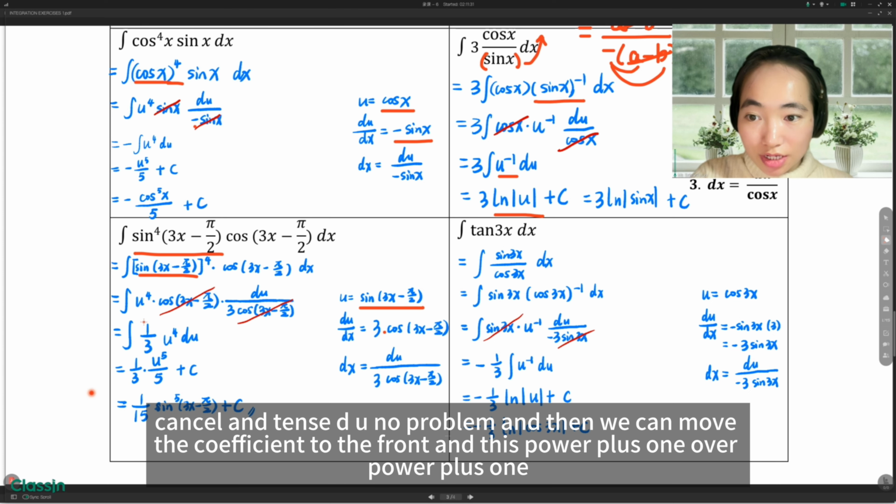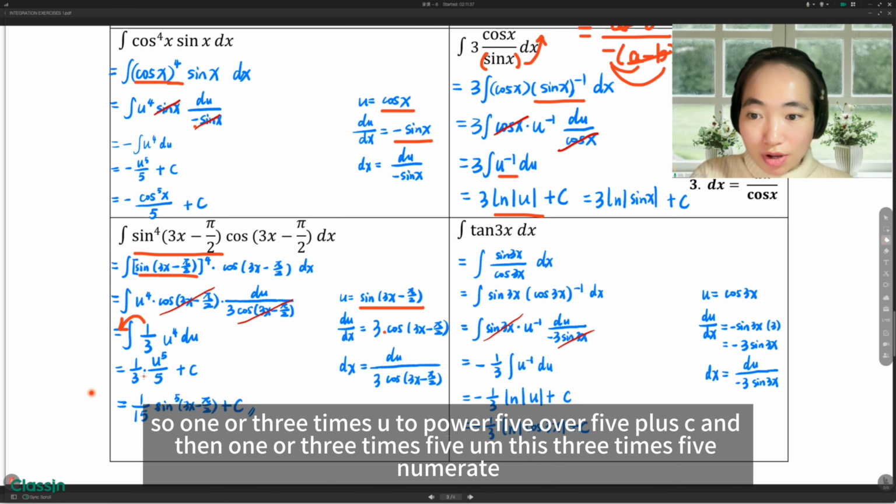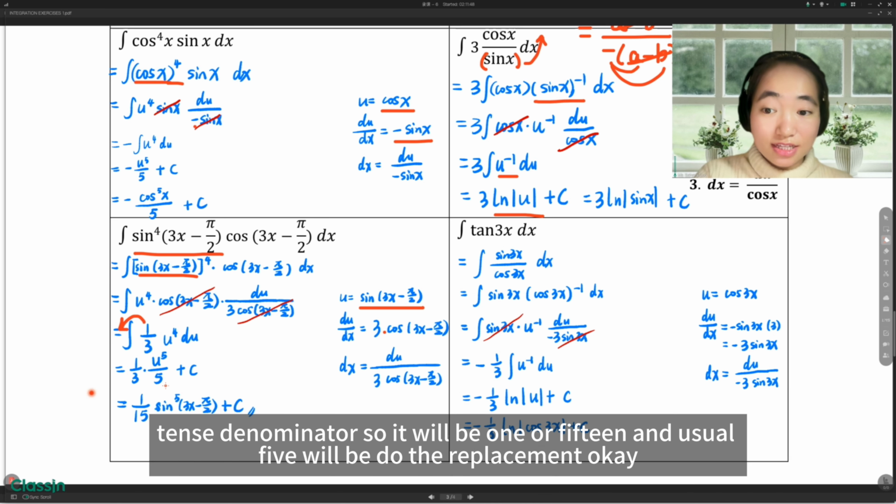And then we can move the coefficient to the front. And this power plus 1 over power plus 1. So 1 over 3 times u to the power 5 over 5 plus c. And then 1 over 3 times 5, numerator times numerator, denominator times denominator. So it will be 1 over 15.